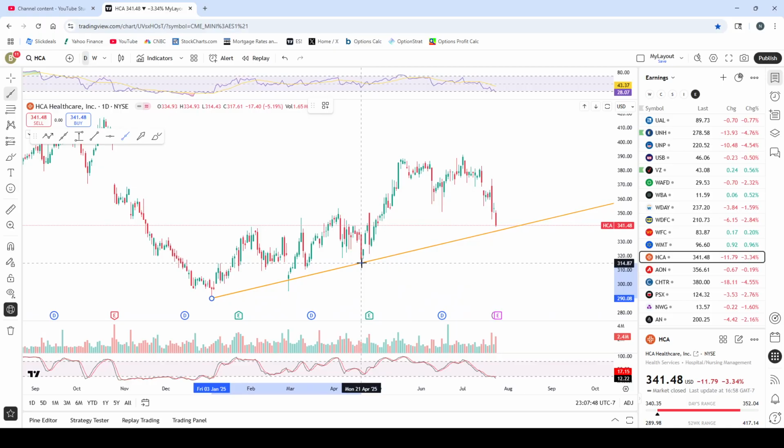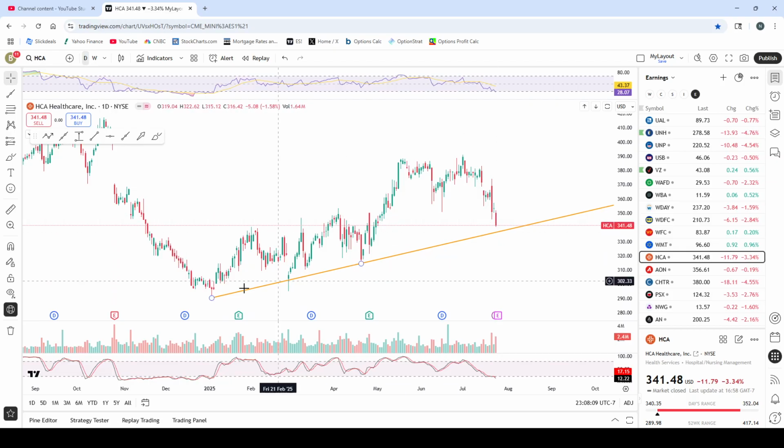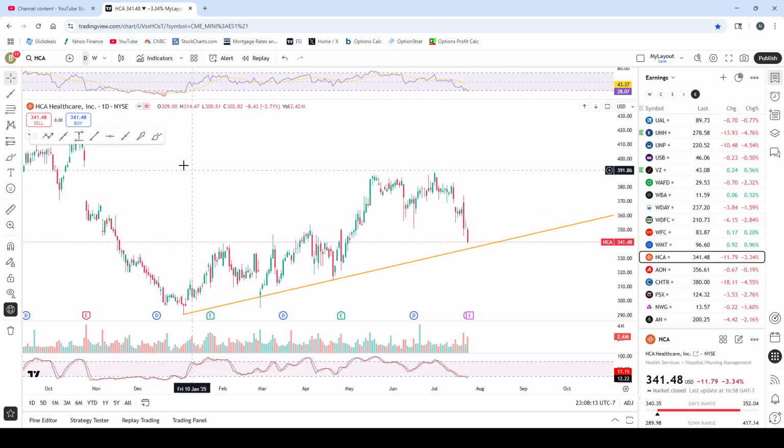If I use here, you can see it's almost taking 3 points and is closer to this point as well. So I would skip this one. All right.